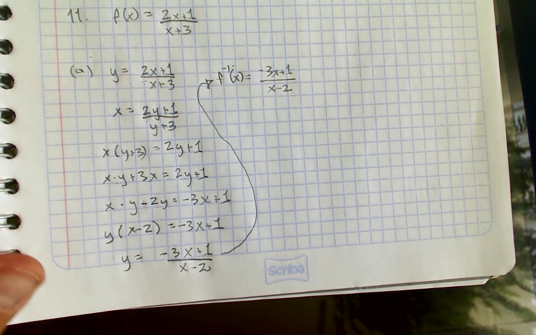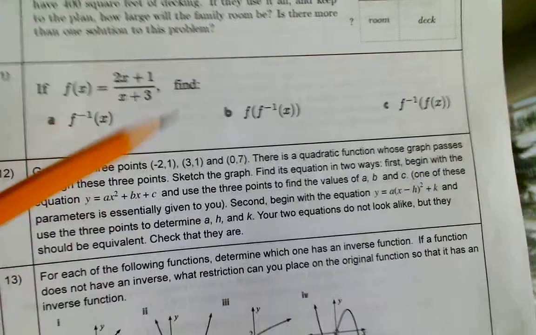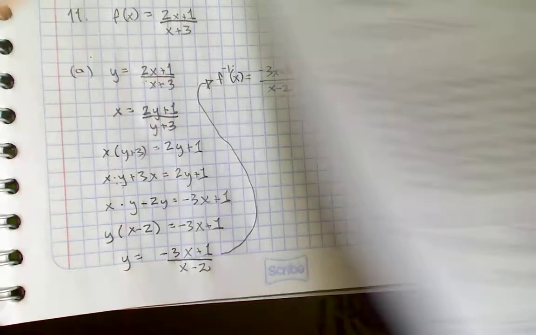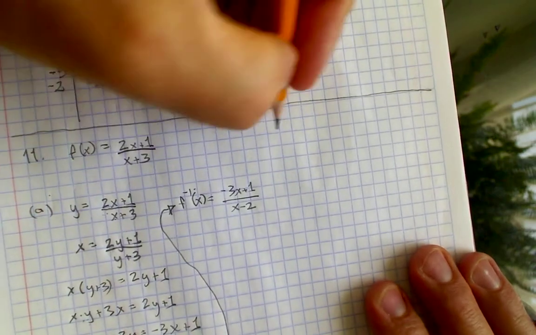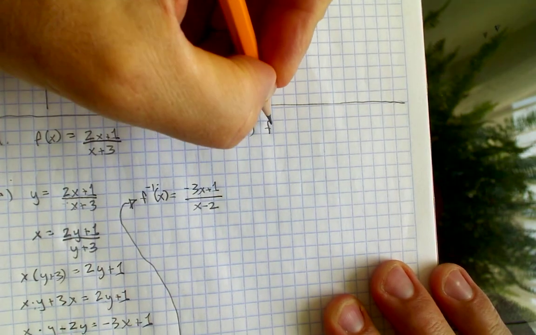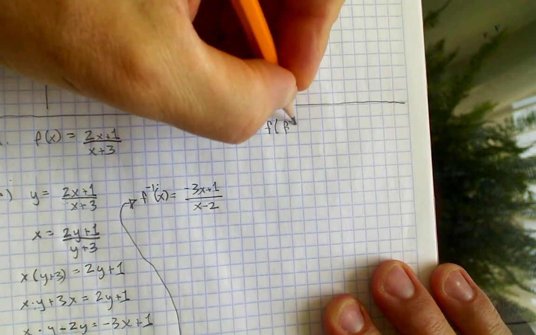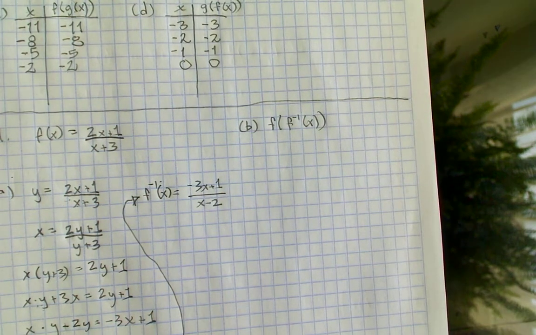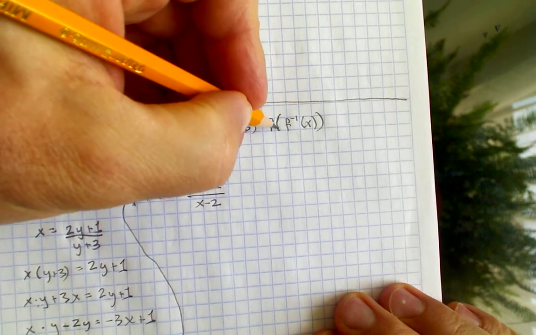But now let me turn my attention to part B. It says find f of the inverse of f of x. I think the result from this is going to be pretty obvious. Well, you'll see.